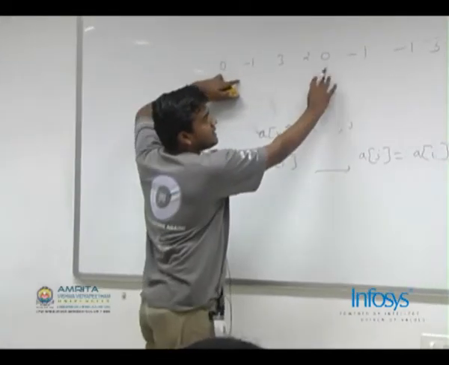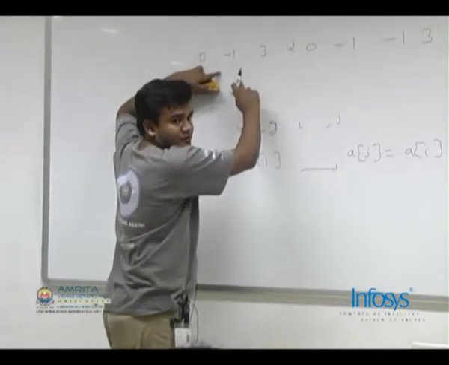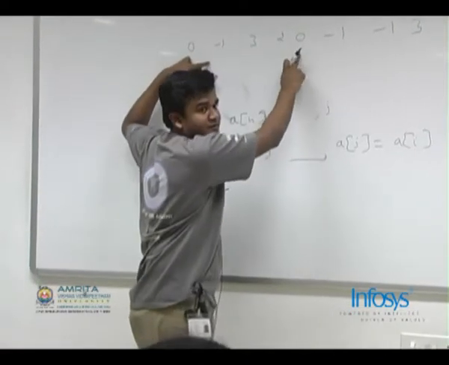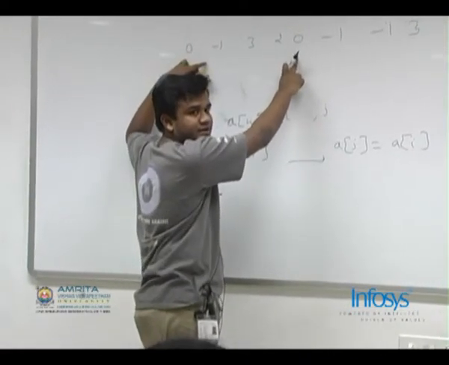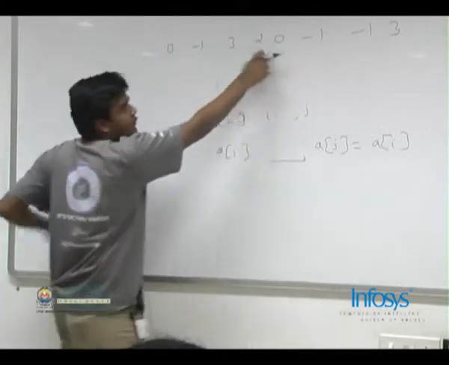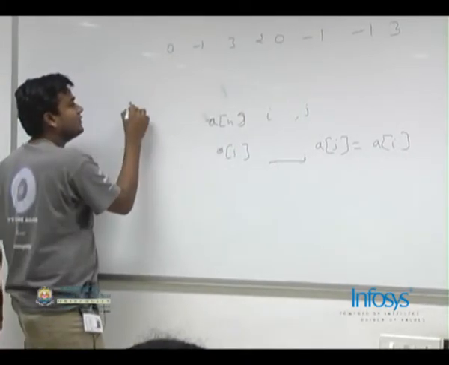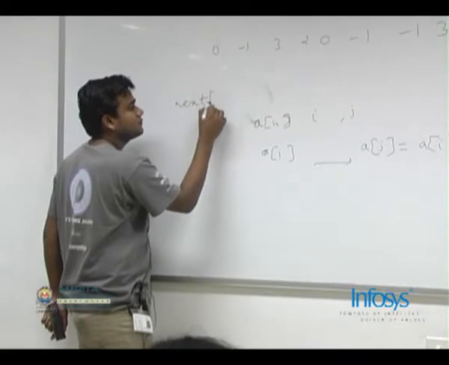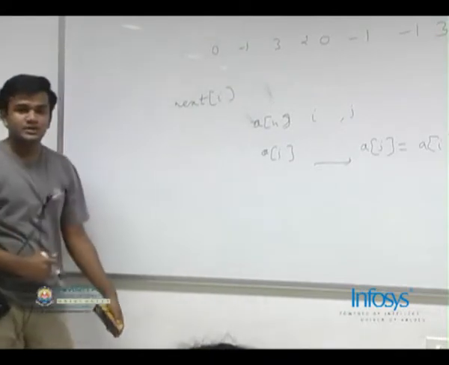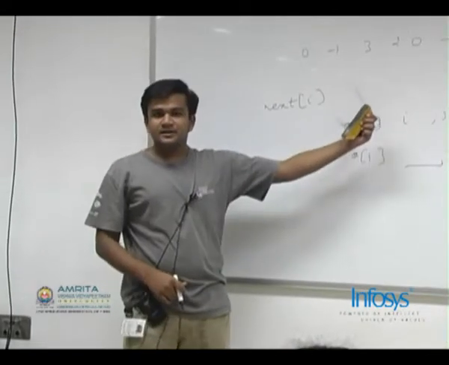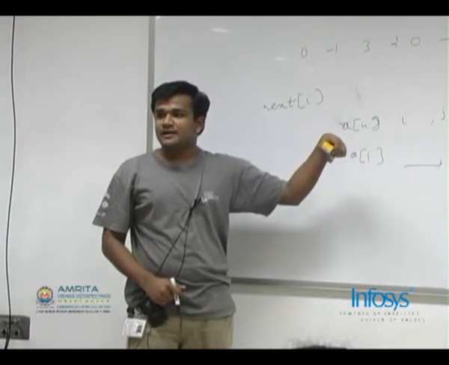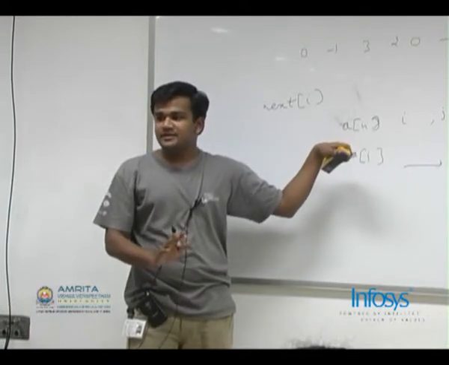The next index of 0 is 3. So we start scanning this, we find out the first index where this point occurs, and we report that in our next array. So next of i stores the next position where the element is same as A of i, where A is our sequence, right?